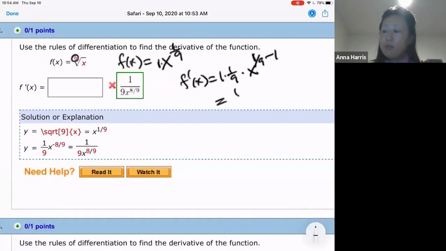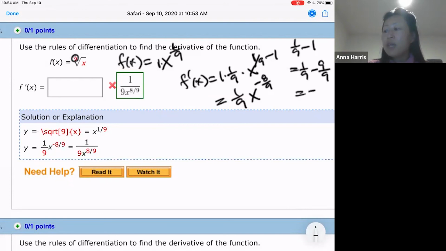That is the same as 1/9 x to the negative 8/9. Whenever you have a denominator, make a common denominator. So it'll be 1/9 minus 1. You can rewrite it as 1/9 minus 9/9, which will give you negative 8/9.